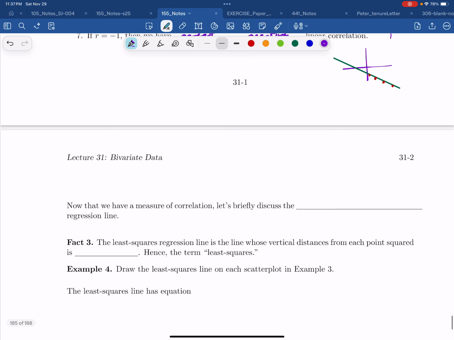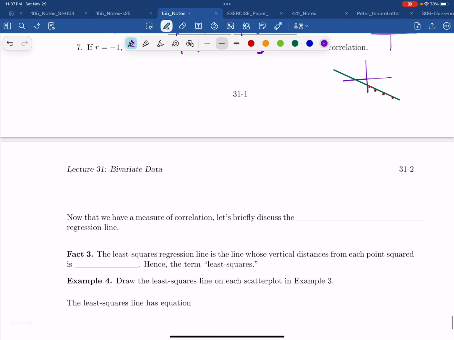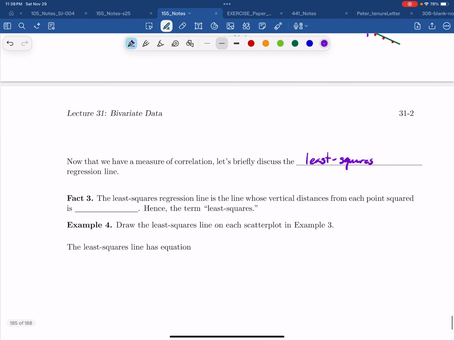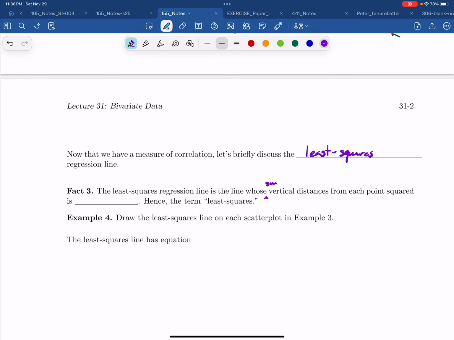Now, let's briefly get into the idea of the least squares regression line. The least squares regression line is a line whose sum of vertical distances from each point squared is minimized. What exactly do I mean by that?